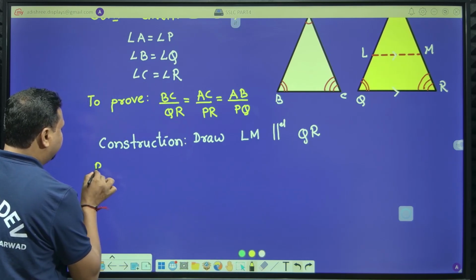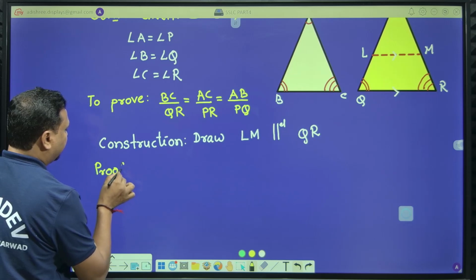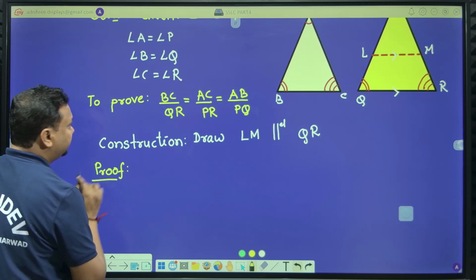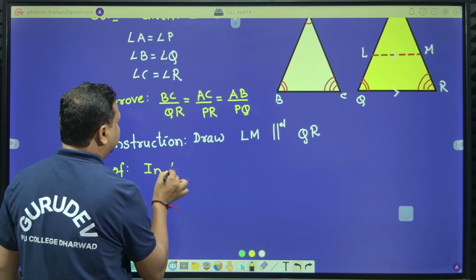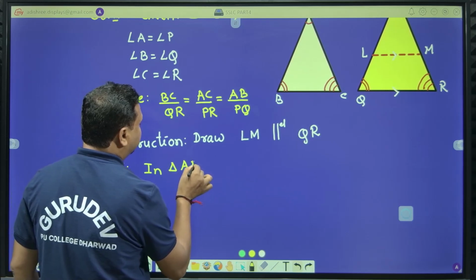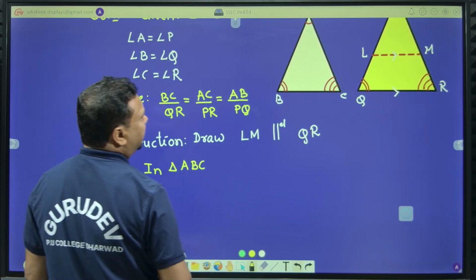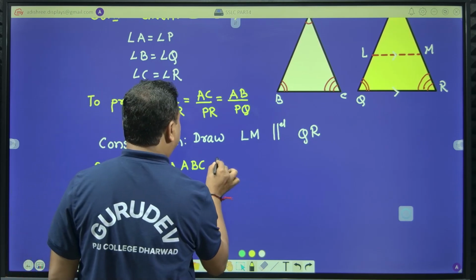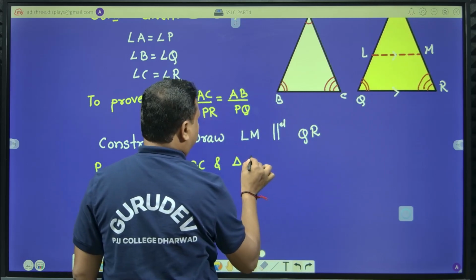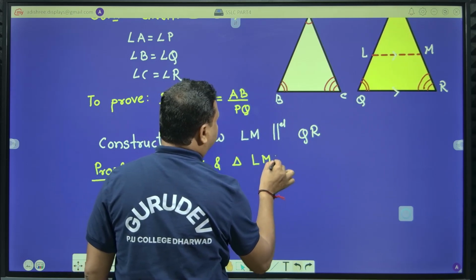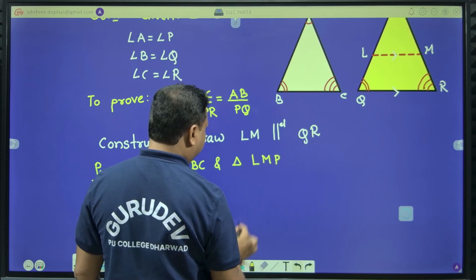So, in the proof, in triangle ABC and the triangle LMP, that is the smaller triangle. I hope you can visualize it.